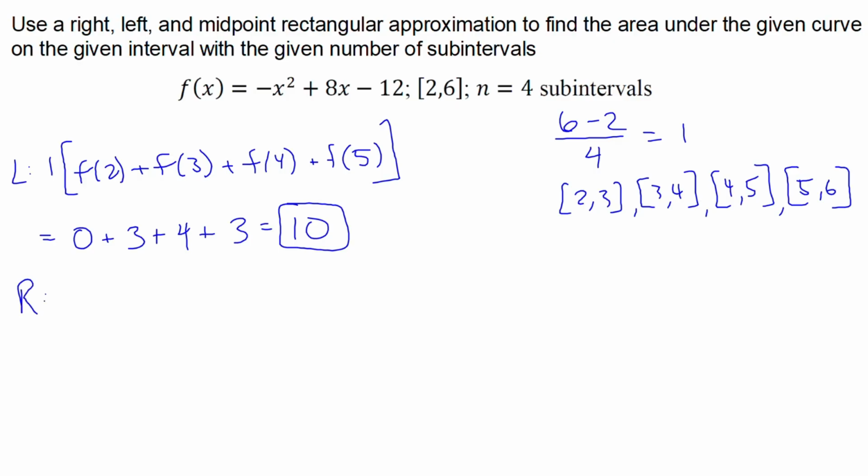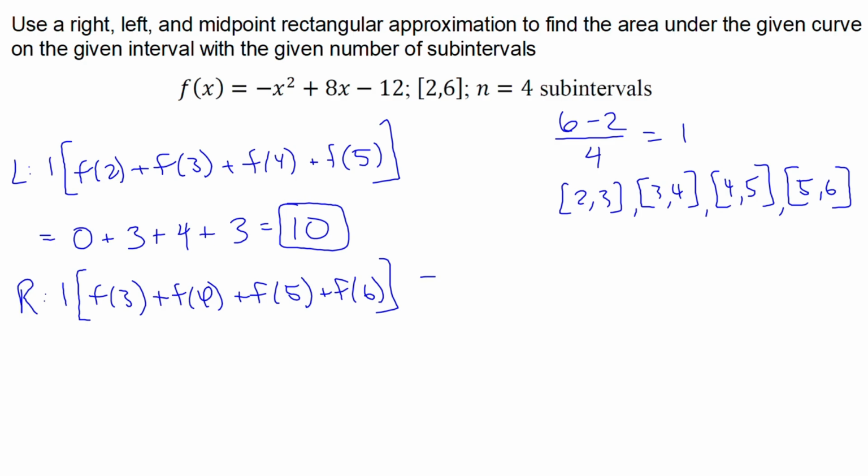For our right approximation here, we're just looking at, again, 1 times our right endpoints, which will be f of 3 plus f of 4 plus f of 5 plus f of 6.